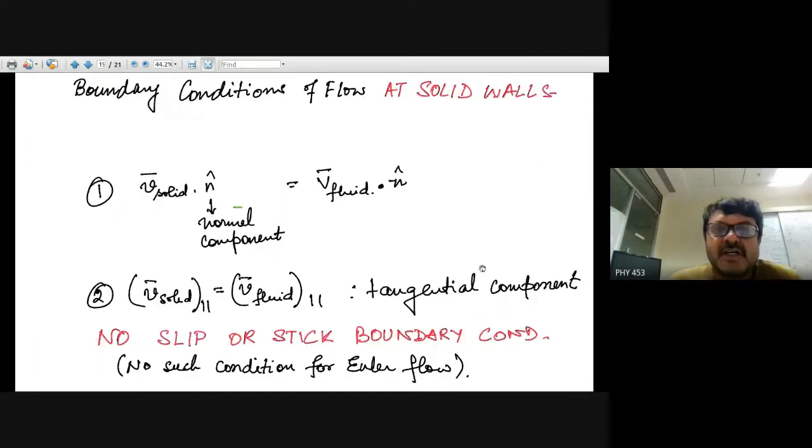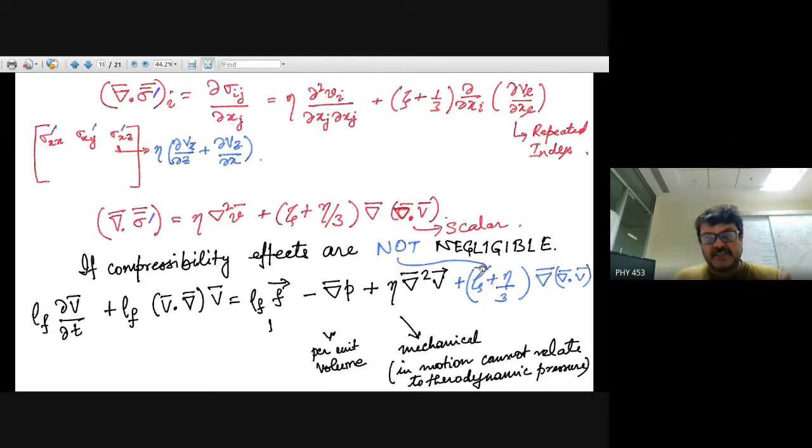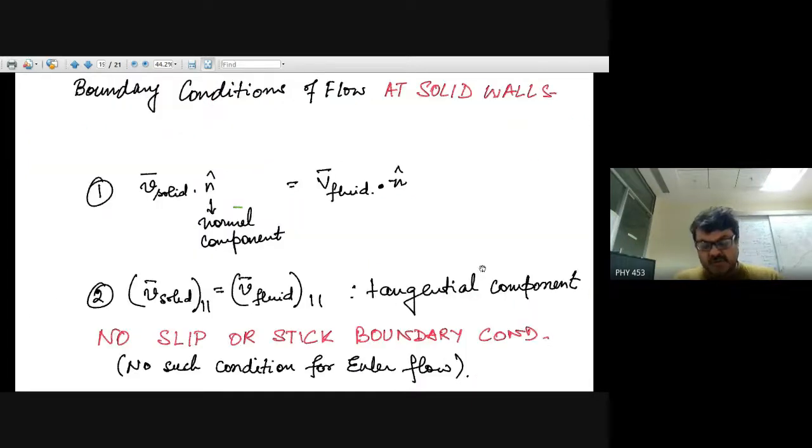What are the boundary conditions for flow at solid walls? That's your partial differential equation, the Navier Stokes equation. But now that has to be supplemented with boundary conditions for you to be able to solve the equation.